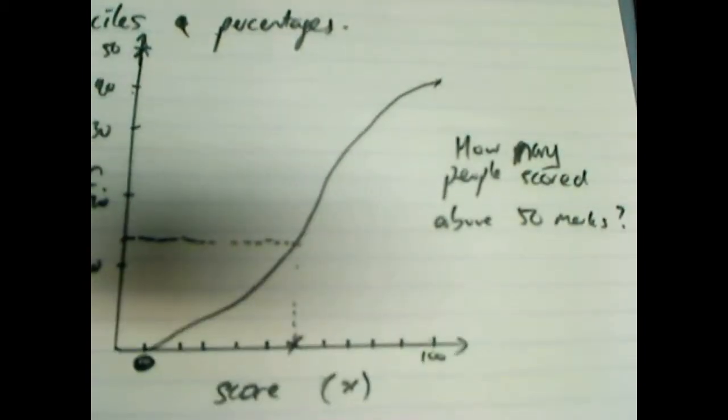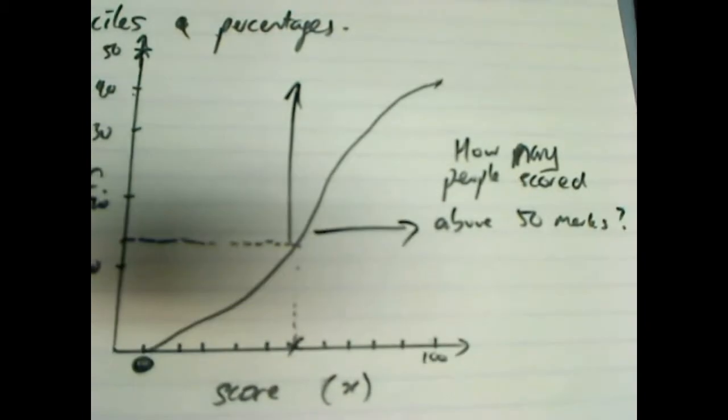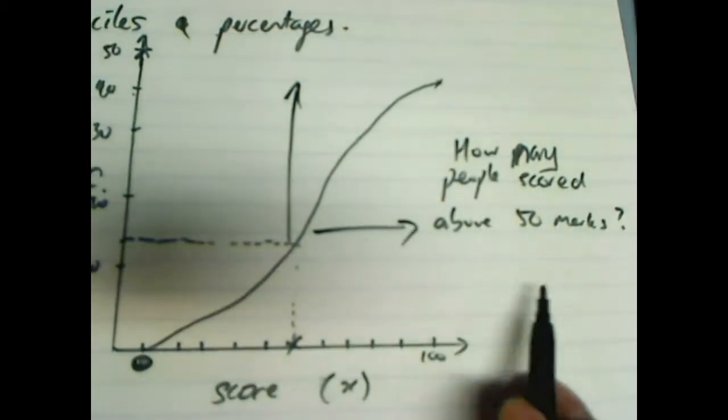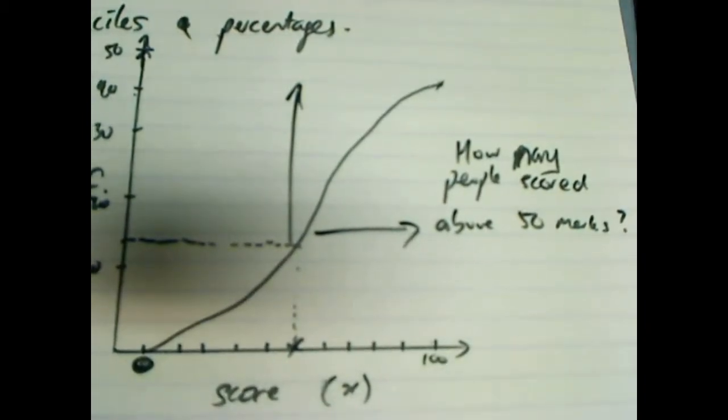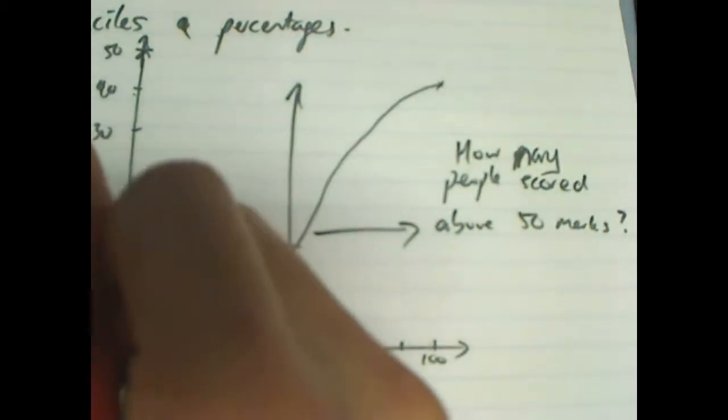So how many people did score above 50? Everyone from here and onwards. From about here would be 14, we'll say.